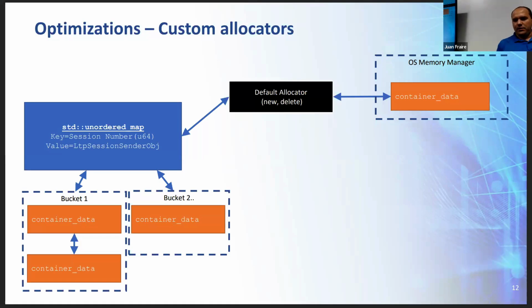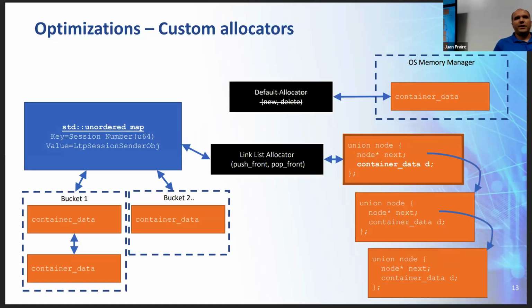What we did was we took that default allocator and we replaced that with a linked list allocator that's going to recycle memory instead of relying on the operating system new and delete all the time. So that container data in orange, if you're familiar with a union in C, this data now becomes a union.